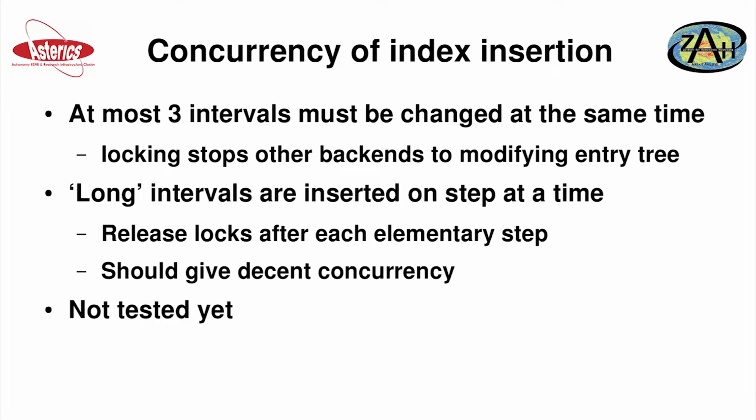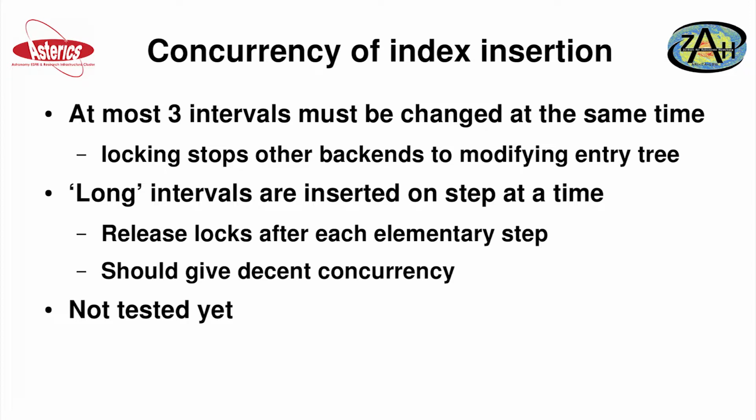So there are some issues with this interval insertion. If you would do it the naive way, you would have to basically lock insertion into the index for a long time. Imagine that for some reason there is one interval that covers a large area of the sky, and this means that many of these and other objects basically are very fragmented there.